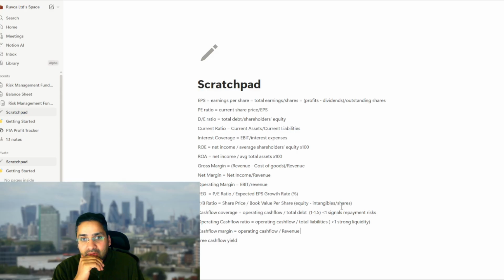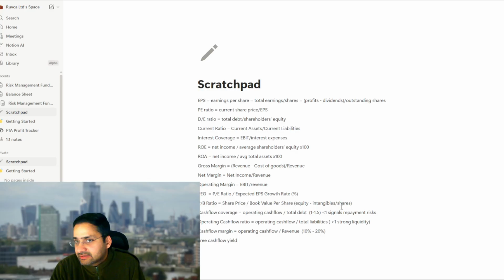So for cash flow margin, if it is between, let's say, 10% to 20%, what that suggests is that the company has a very efficient cash conversion. So it has low capex, capital expenditure drains. So 10 to 20% is a good range for this.